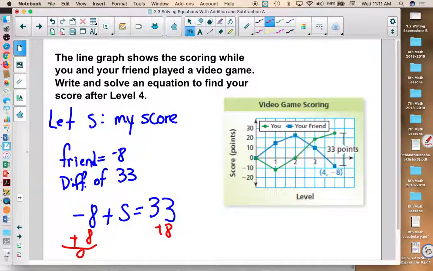These are now 0, leaving my S by itself. So S would have to be 45. But if it were 45, then it'd be S equals 33 minus 8. S equals 0.5. That worked out.